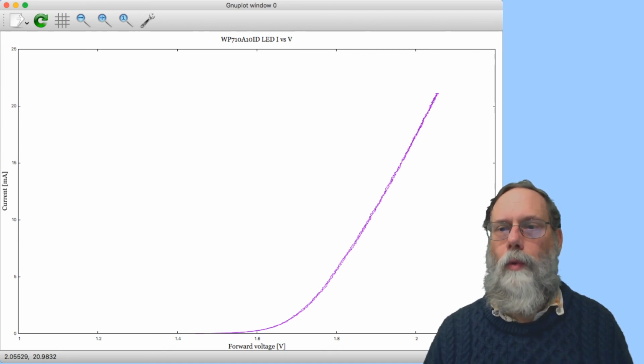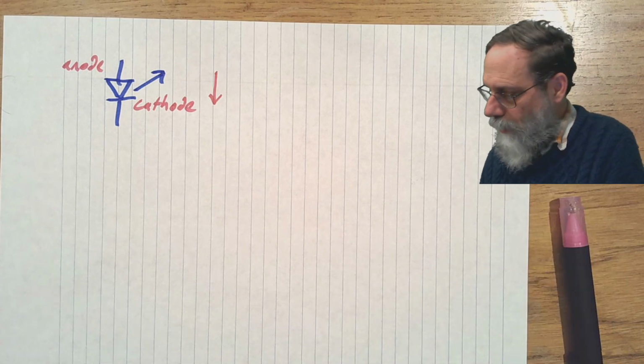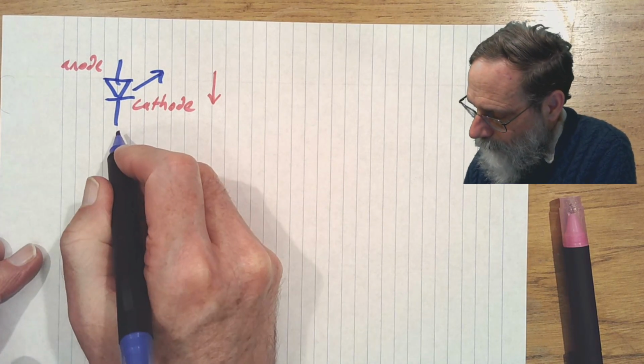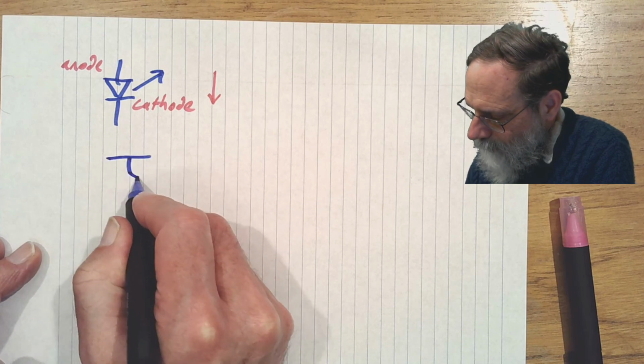So what we do is we put a resistor in series with the LED. We can put it on either side, it doesn't really matter, but for simplicity, I'm going to put it on top.